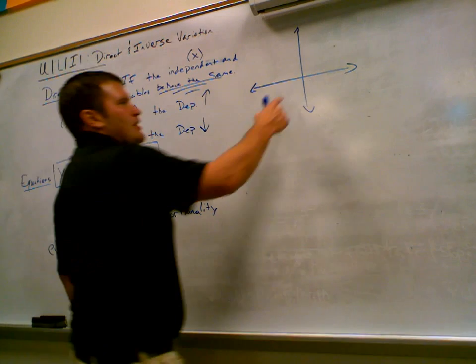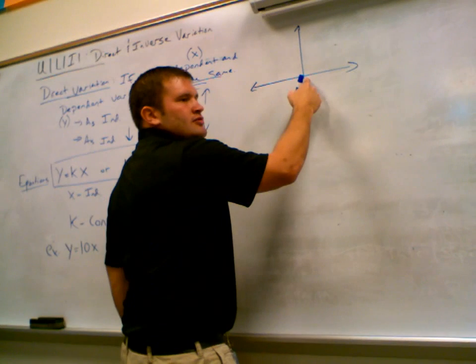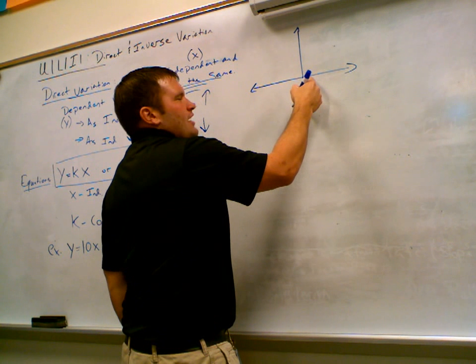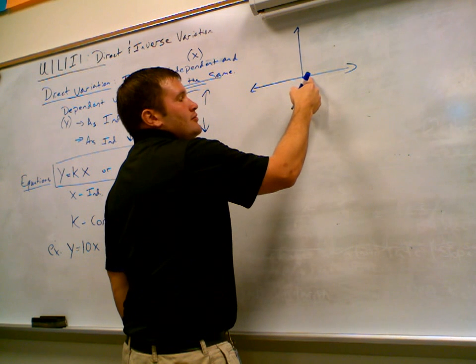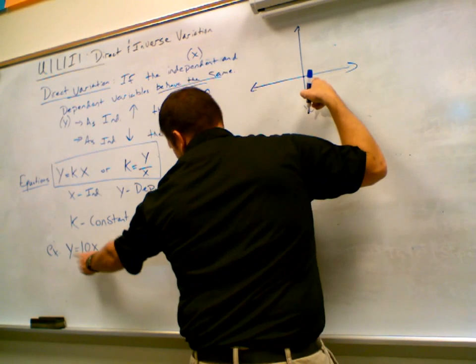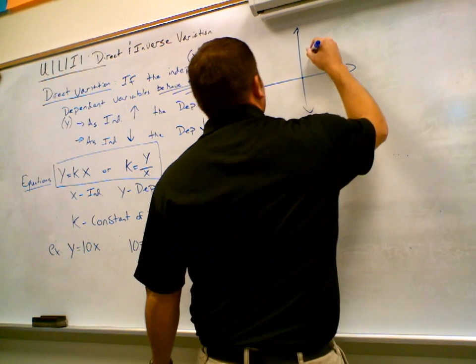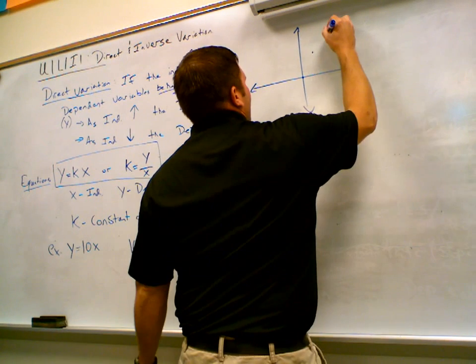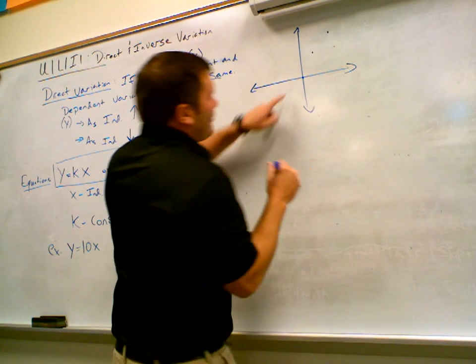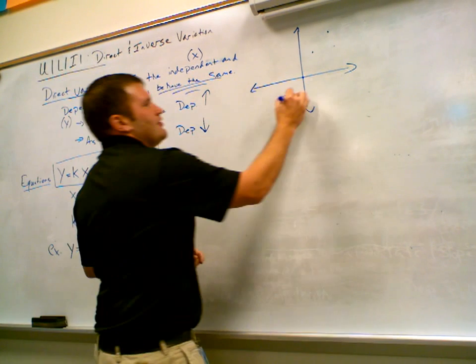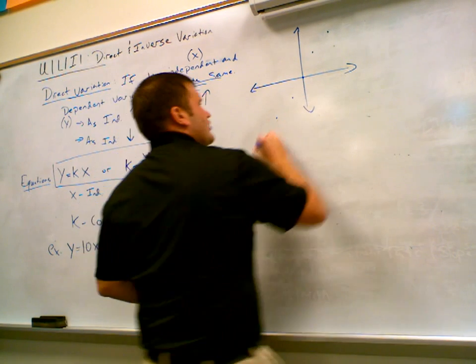Because when x is 0, what's y? 0, right? So it goes through this point. When x is 1, what would y be? 10. When x is 2, what would y be? 20. So we're getting bigger, right? What about when x is -1, what would y be? Negative 10. When x is -2? Negative 20. So we get a graph that looks like that.